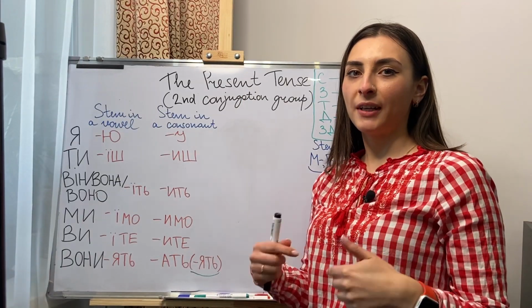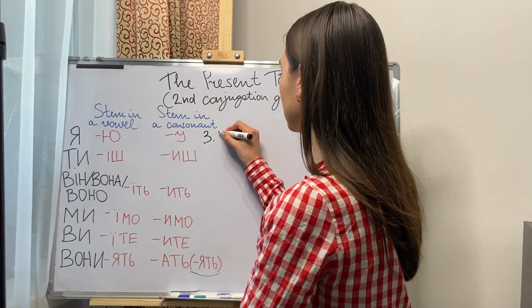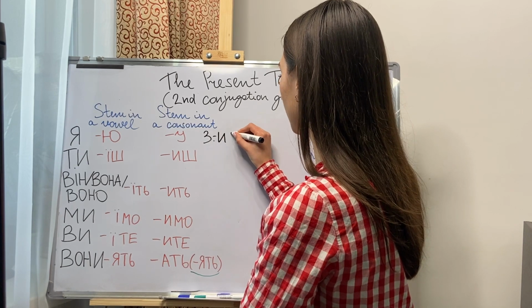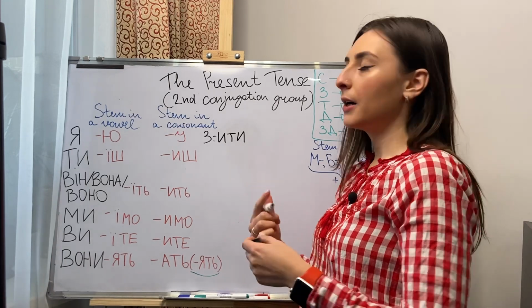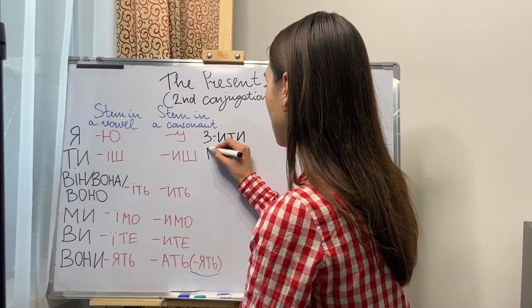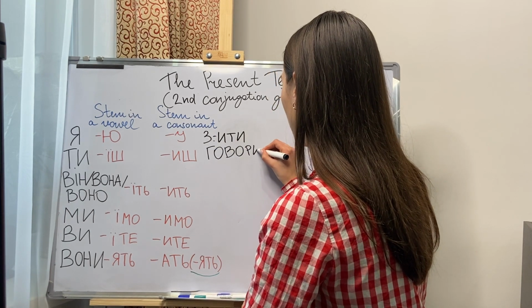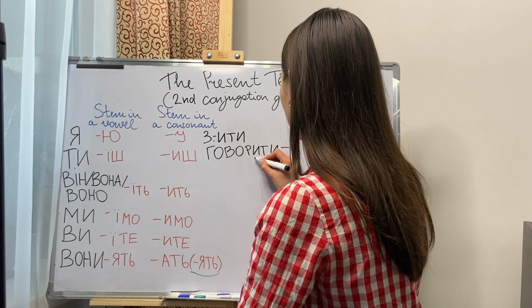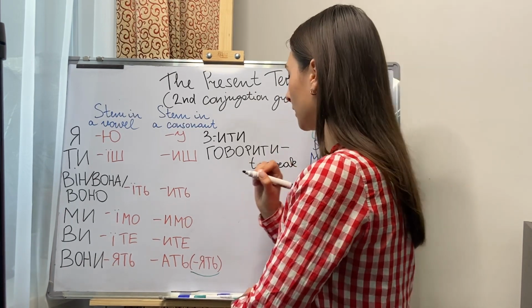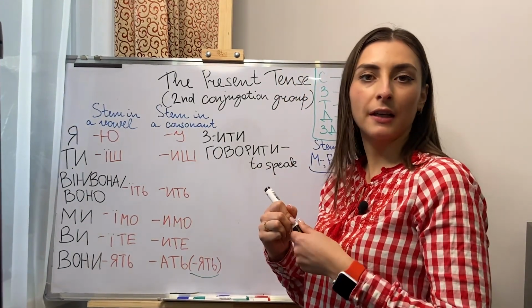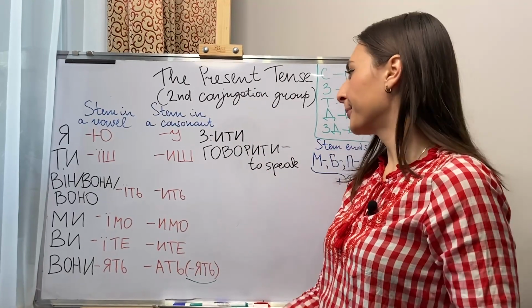The third type is an exception, and it also ends in iti. So, for example, the verb говорити, it means to speak. Yes, even if you want to say such a simple sentence as I speak English or I speak Ukrainian, you need to know the second conjugation group.